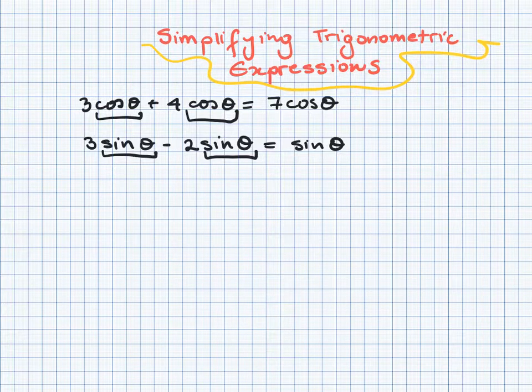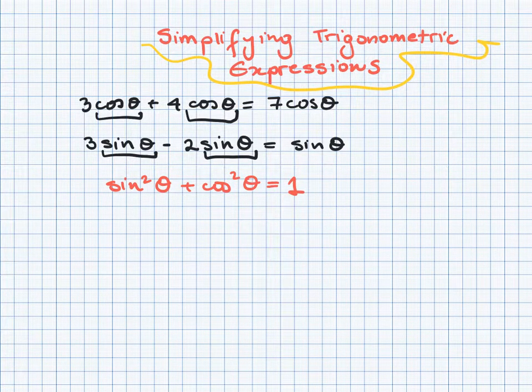To simplify more complex trigonometric expressions in sine and cosine, we often use something that you have seen before: sine squared theta plus cos squared theta is equal to 1.